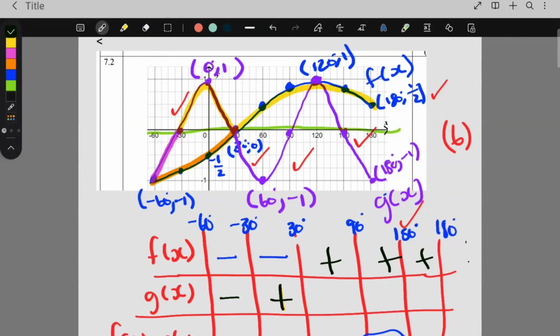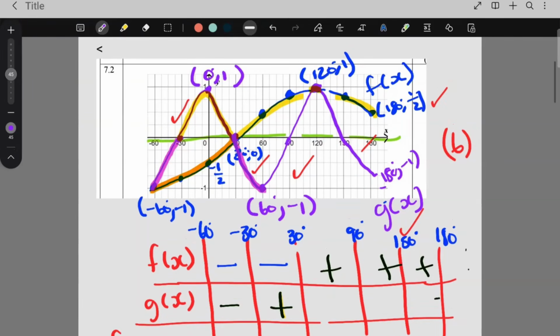So plus over here. Okay, so let's see what happens from 30 to 90 with the purple graph. Is it above or below? It is still below the green line, so I'm going to write that it's below. Then from 90 to 150, it's above, so this is a plus.